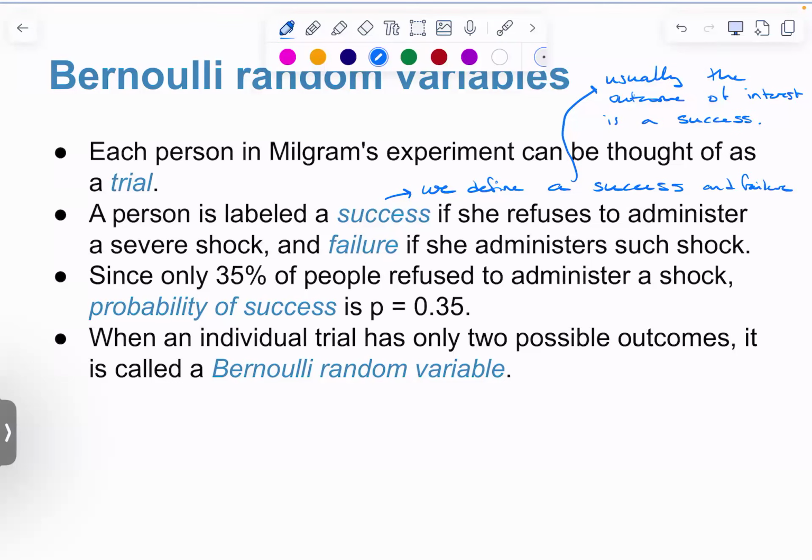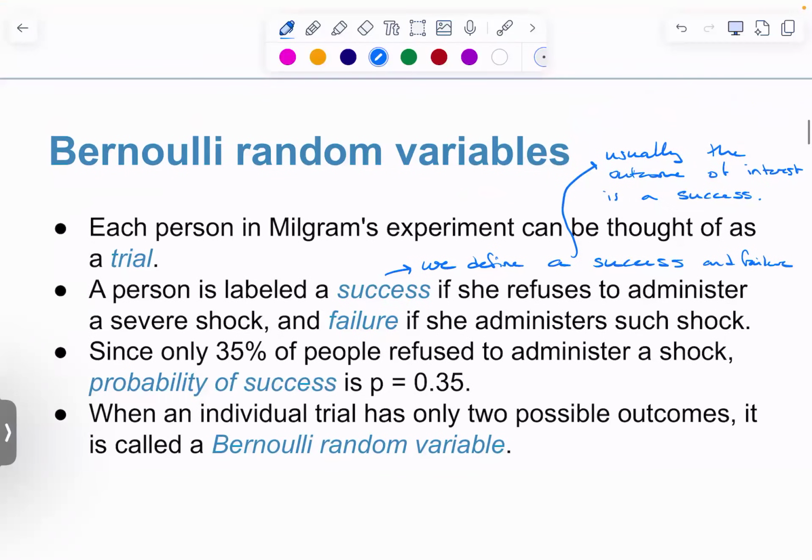Usually it's pretty morbid stuff. If you're trying to find disease data, death data, that kind of thing, then a success is the thing that you're interested in, right? How many people died from this disease? And so then a death would usually be considered a success. You can flip it, but usually it's the thing that you're interested in.